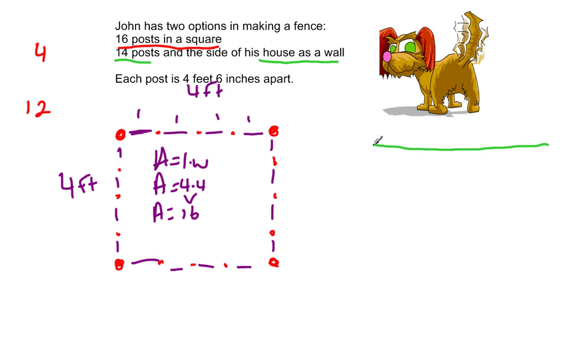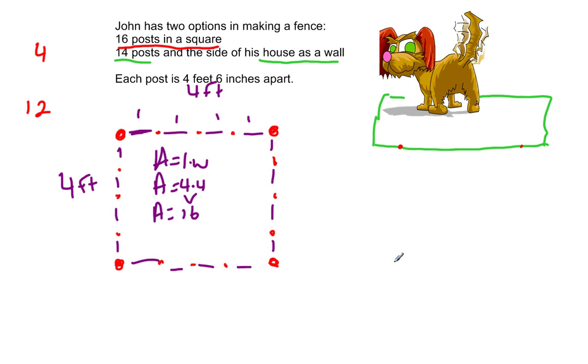Okay, and you can imagine the rest of the house is around like this. Okay, so here's one side, which means if we're building our rectangle, or our square, I don't know if this one said it was a square, but we're going to make a square anyway because we're going to see how that works. We already have 2 of our corners, and they're already made by the house, so we don't even need those as points.